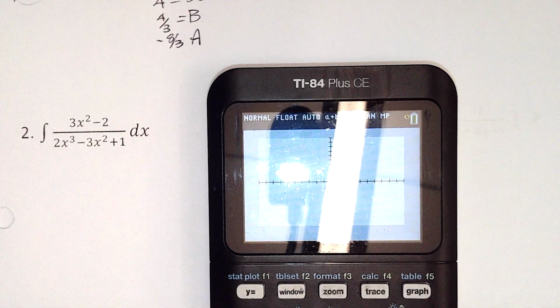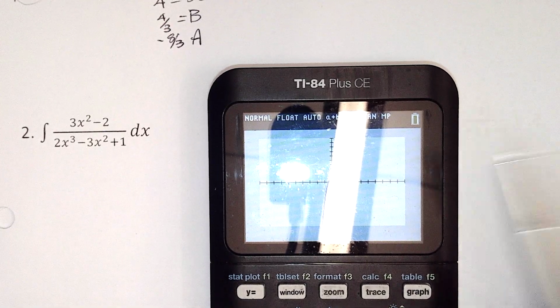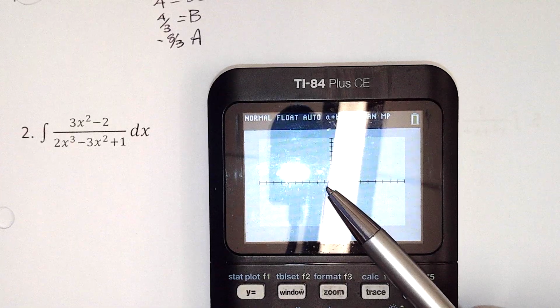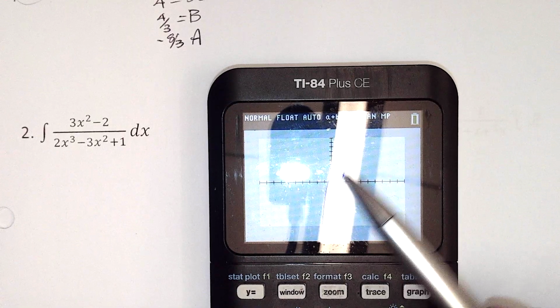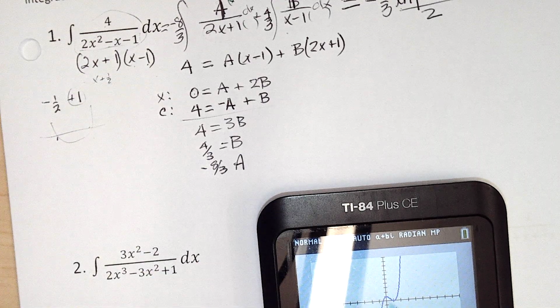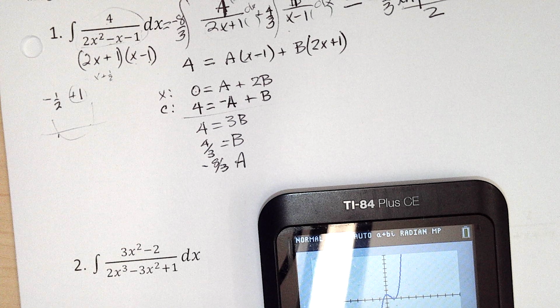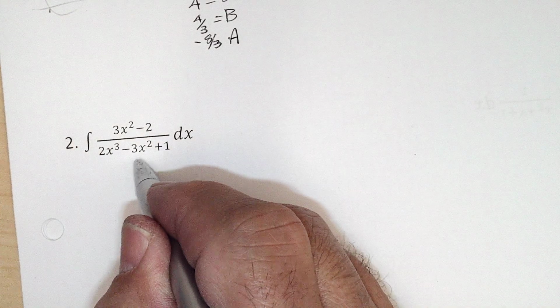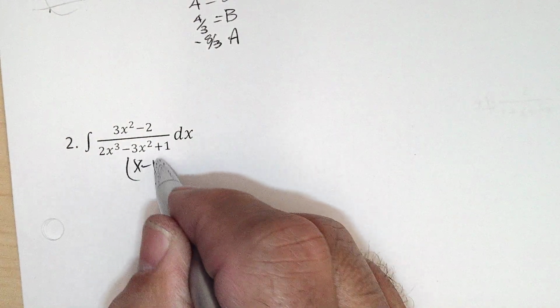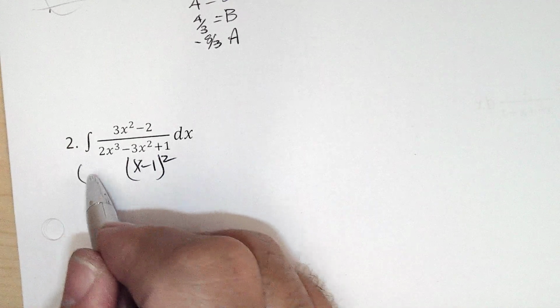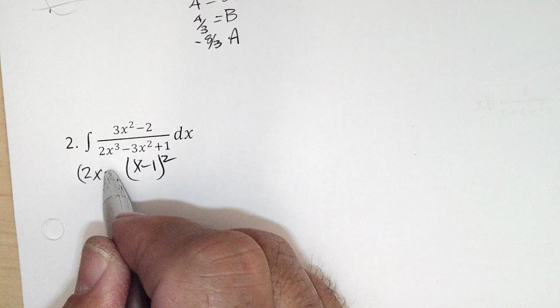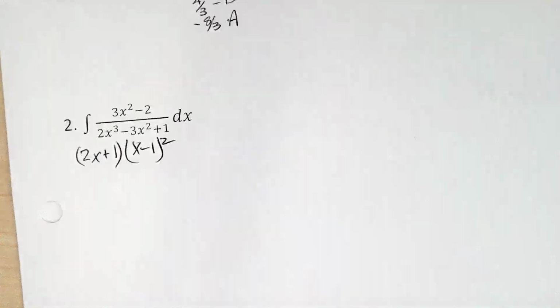The graph looks like it goes from minus 1/2. So that means probably it's 2x plus 1 again, and it bounces at plus 1. So that means x minus 1 twice and 2x plus 1 might be the factors.